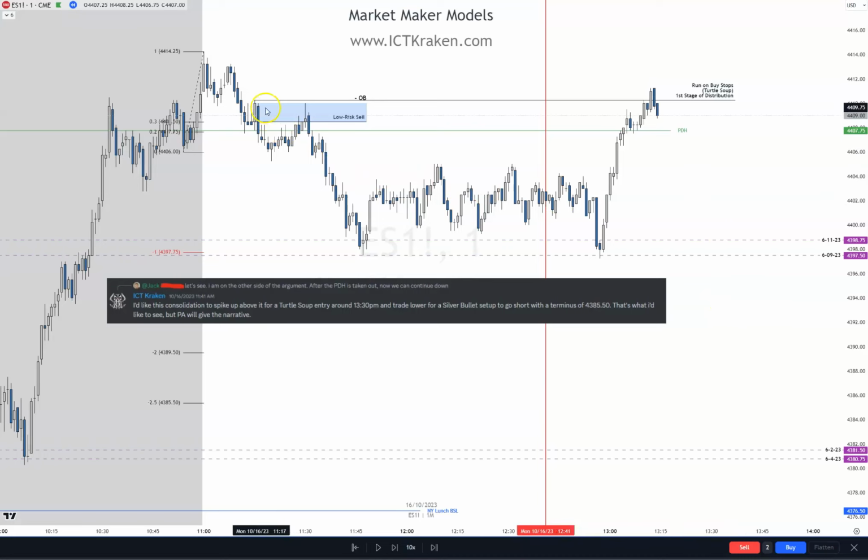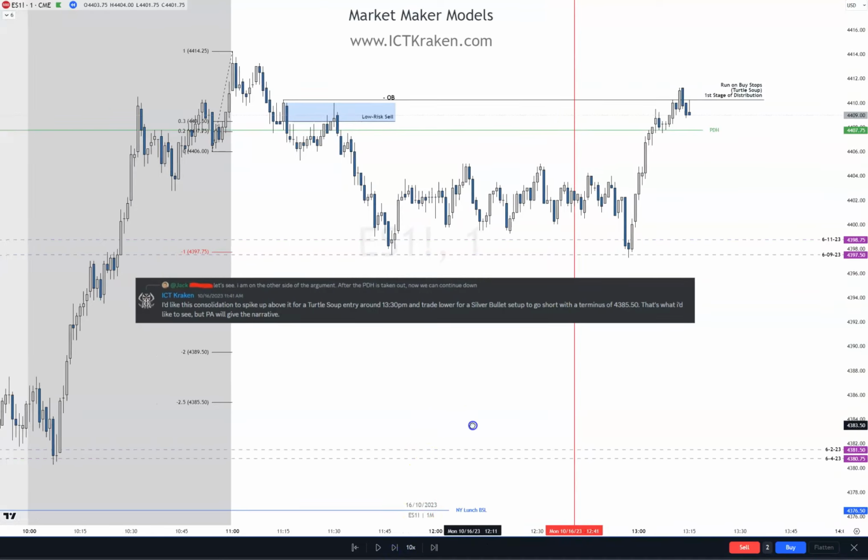Take out these relative equal highs here, run on buy stops, first stage of distribution, right here. So there's your turtle soup entry. What time is that? A little earlier, around 13:30. It's close on the time. Not exact science for the timeline, but it's close.